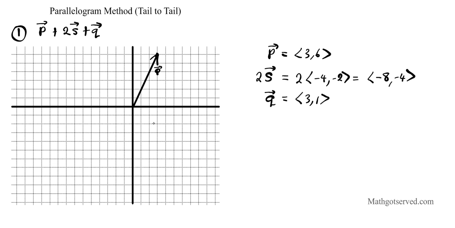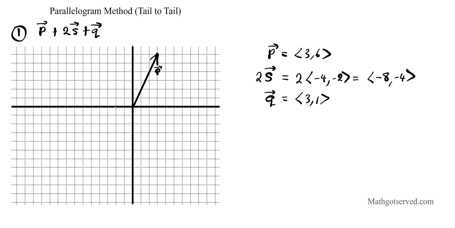All right. Now let's go ahead and graph the next one, 2s. So 2s is -8, -4. So we go 1, 2, 3, 4, and then we're gonna go. All right, let's go ahead and graph 2s, which is -8, -4.